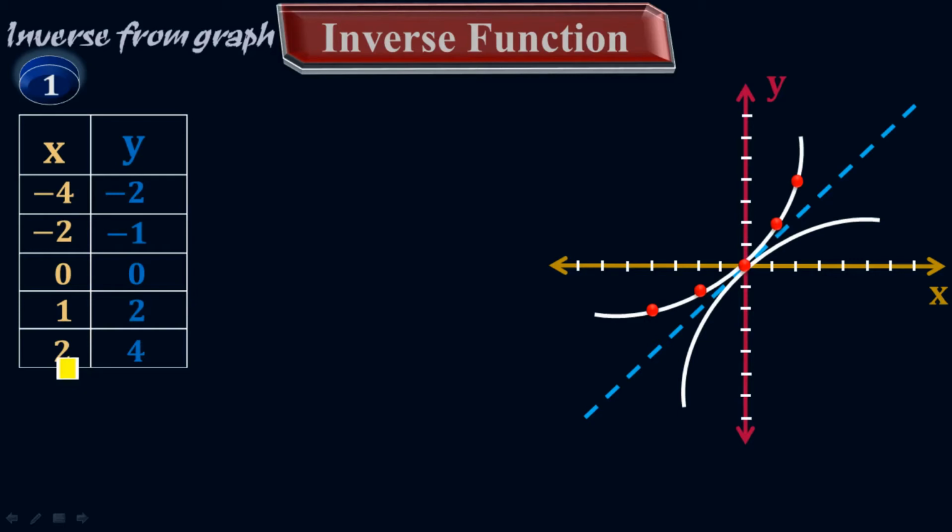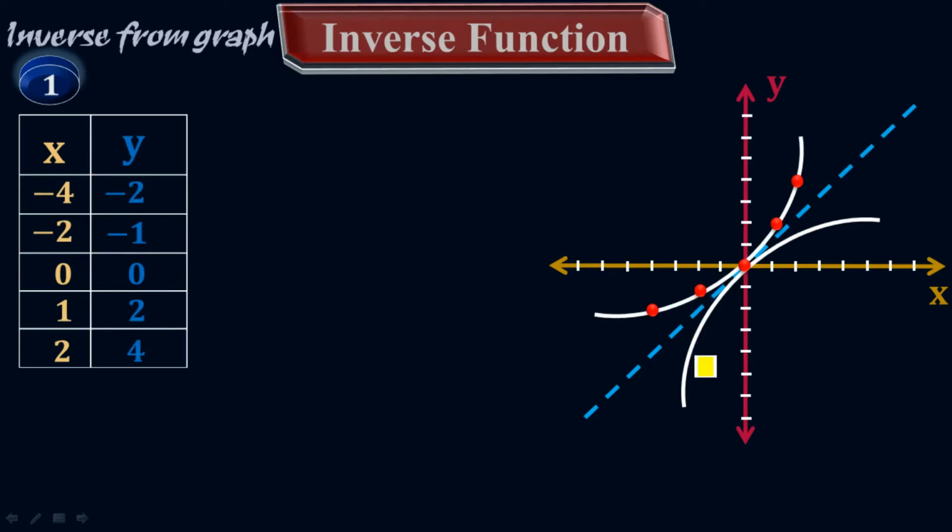Similarly, at x equals +2, it makes the point +4 along the y-axis. So here I have +2 along the x-axis and +4 along the y-axis. So these are the coordinate points for the original graph.